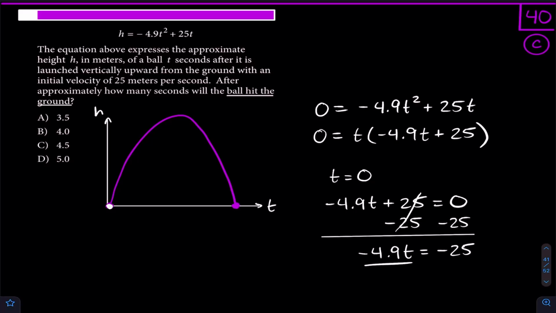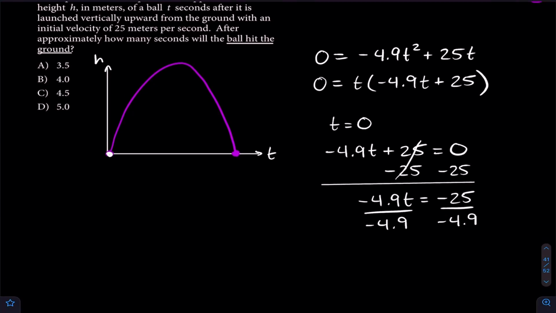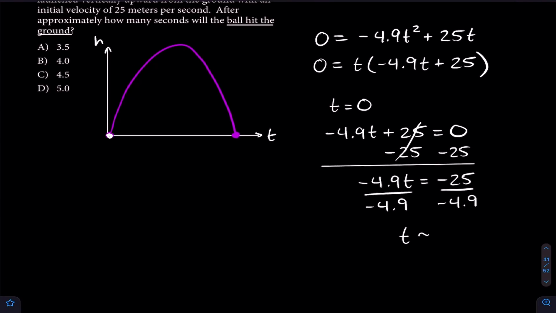So here comes the dividing step. And this is something you can do in your calculator, or you can just see that it's saying after approximately, you're trying to estimate here. You can see that this is about negative 25 divided by negative 5, which is 5. So you can probably already see that t is about 5. And that is choice D.